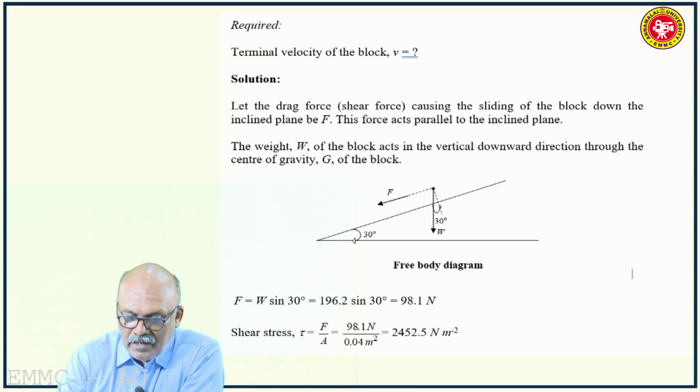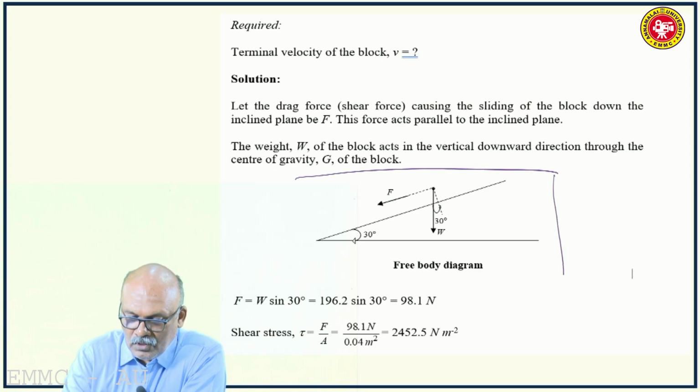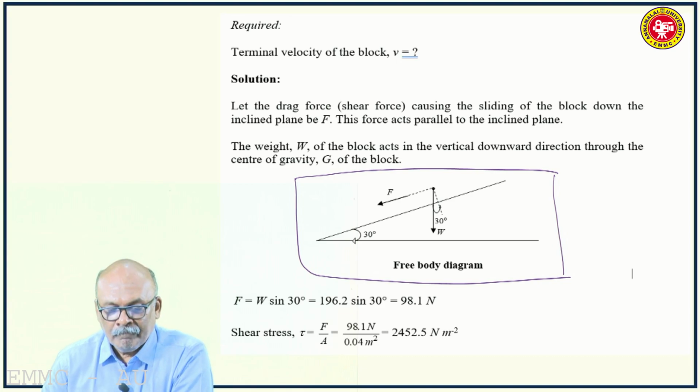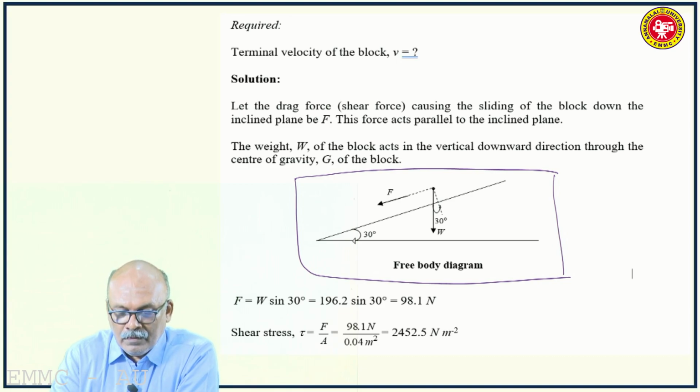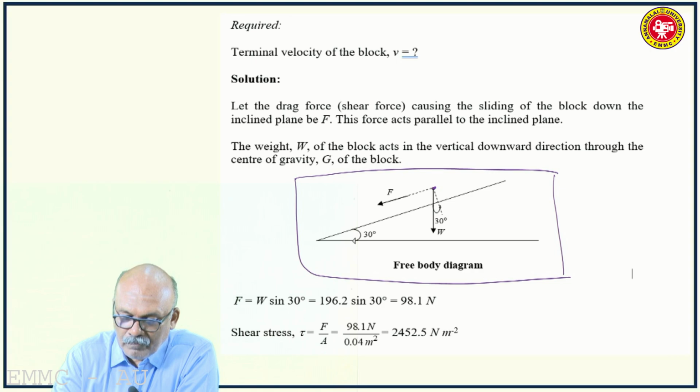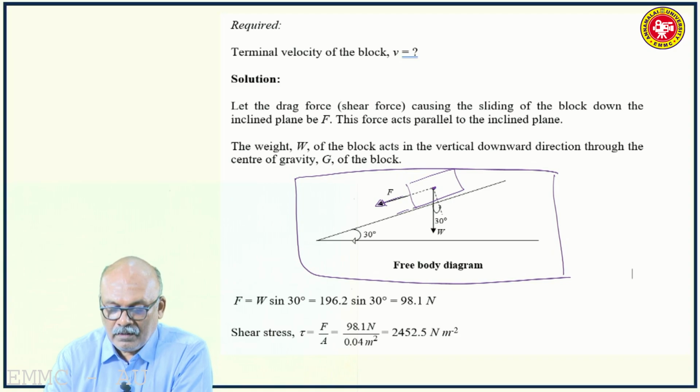Now I have given the free body diagram of the given problem statement. This is the center of gravity of the cubical block, which is sliding down the inclined plane.